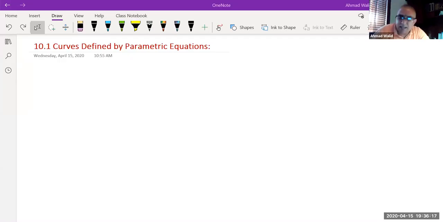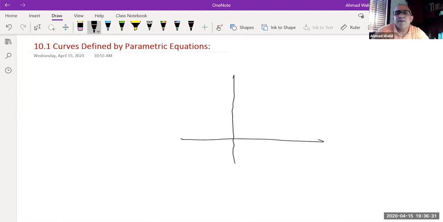Let me start explaining this way for you. For example, I have the system of coordinates here, x, y. First, let me define this word for you, plane, right?